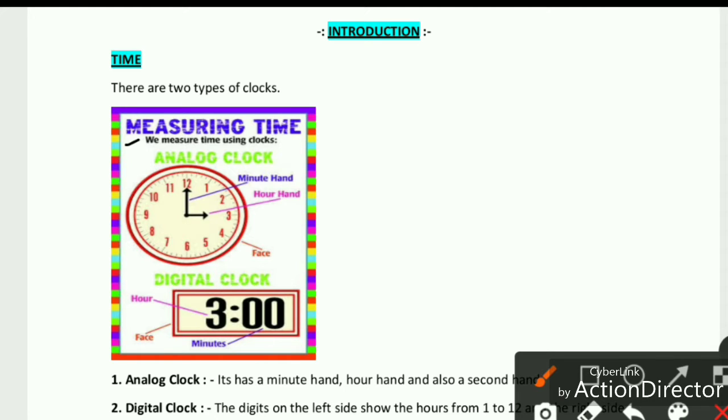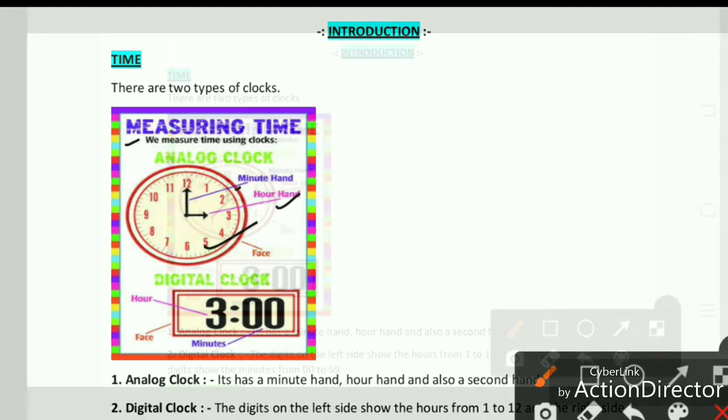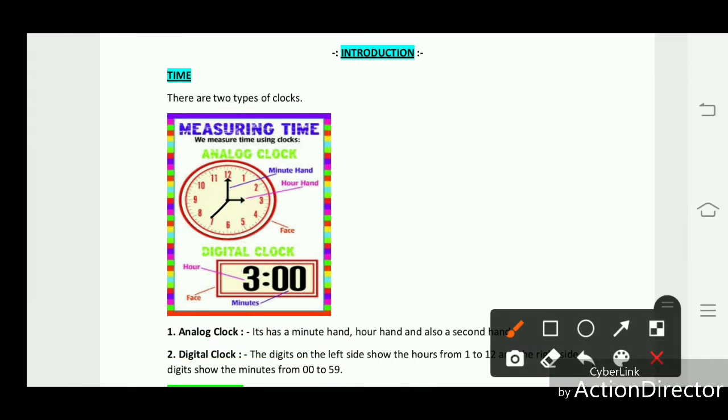Now, in this figure, the first clock is an analog clock, and this one is the minute hand and this one is the hour hand. This type of clock has one more needle, and this hand is known as the second hand.